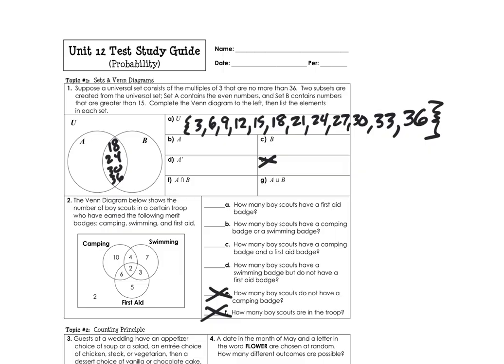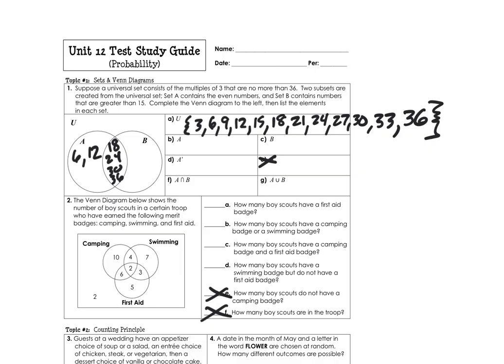Okay, A is the set of even numbers. We already have these listed, so all the other even numbers are going to go in the other part of circle A. So now we're looking at numbers like 6 and 12. And then we place set B. Well, set B is numbers bigger than 15.